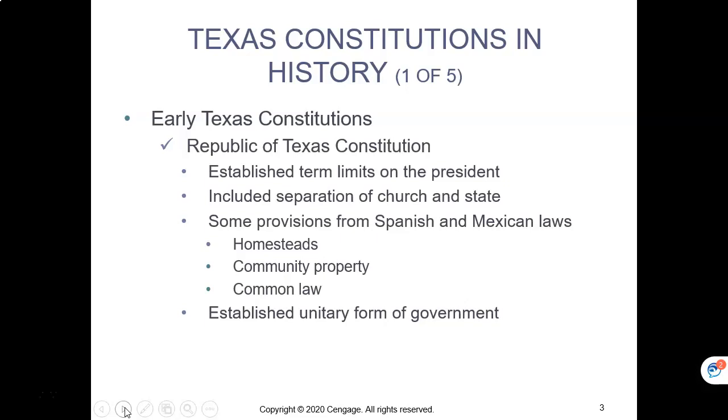But one of the issues that they had was that they did not feel as if Texas was being recognized. Mexico never fully trusted Texans. It was too far. There were too many people coming from other countries. There were too many Anglos.